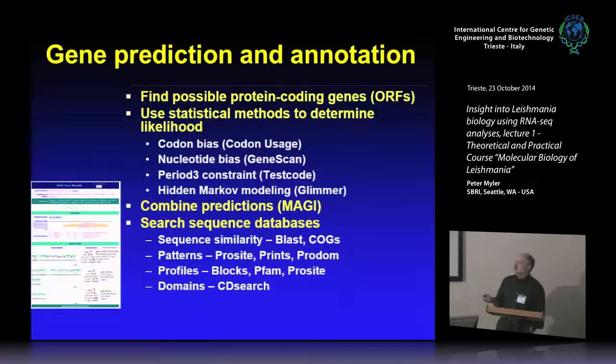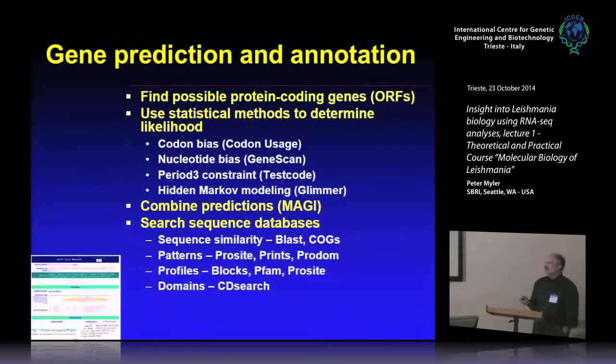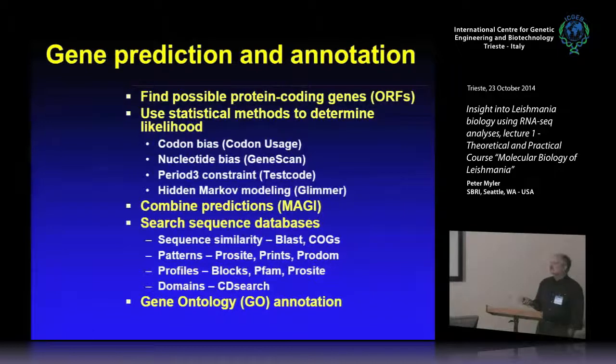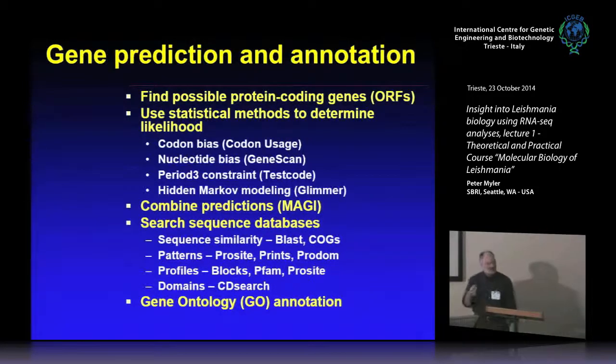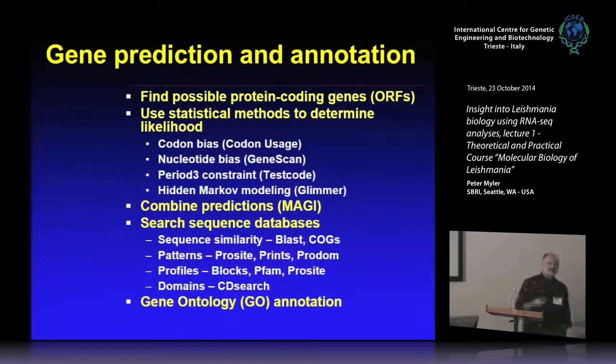So we can use various different motif finding programs like patterns or profiles or domains that will identify short regions that give you some hint about what that protein might be doing, but it probably won't really tell you its function. And then finally, back in about 2000, this consortium called the Gene Ontology Consortium was put together to use a systematic and defined language to describe the function of genes.